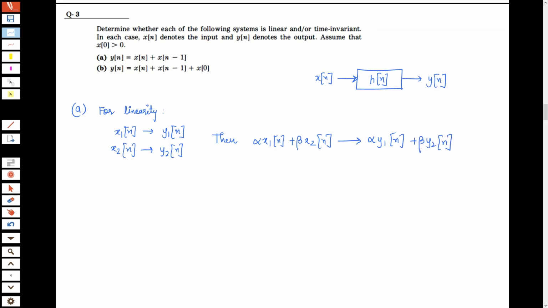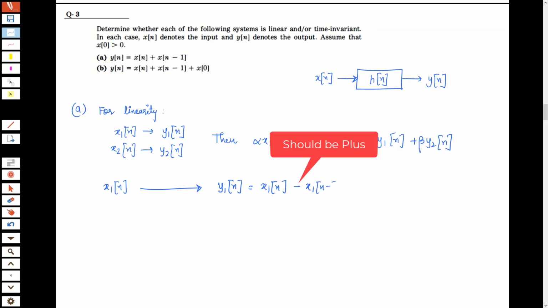Let's just check this. Let us say we have an input x1[n] for this system that gives an output y1[n], which is equal to x1[n] minus x1[n-1]. That is what this system does.